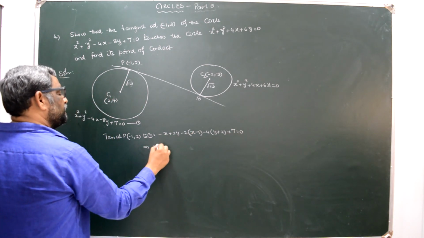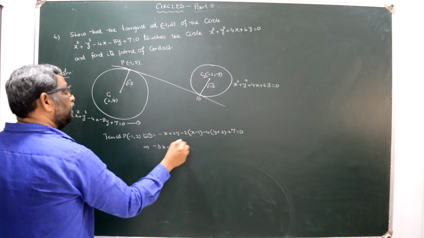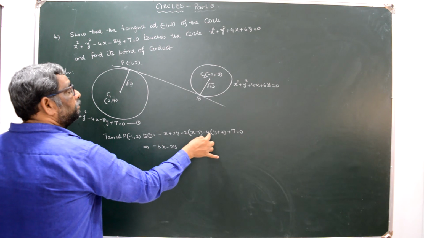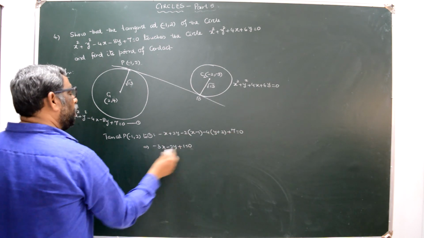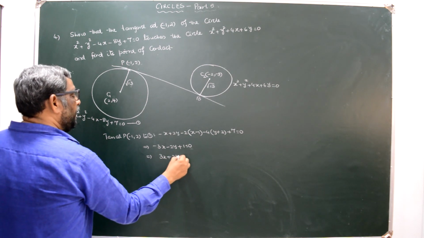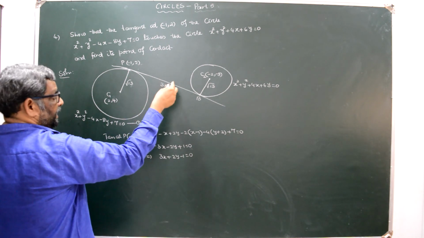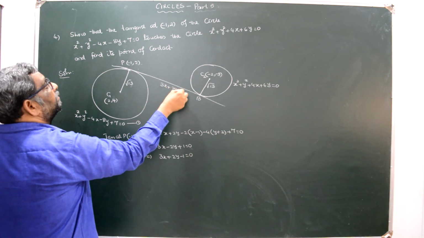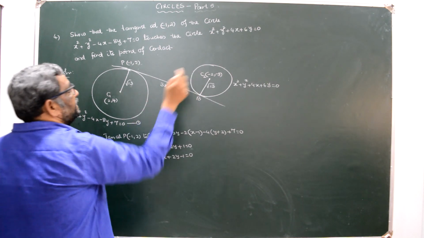Minus x minus 2x minus 3x, 2y minus 4y minus 2y plus 2, 9 minus 8 plus 1 is equal to 0. So 3x plus 2y minus 1 is equal to 0. So this line is 3x plus 2y minus 1 equal to 0. Now I have to prove that this is a tangent to the circle.